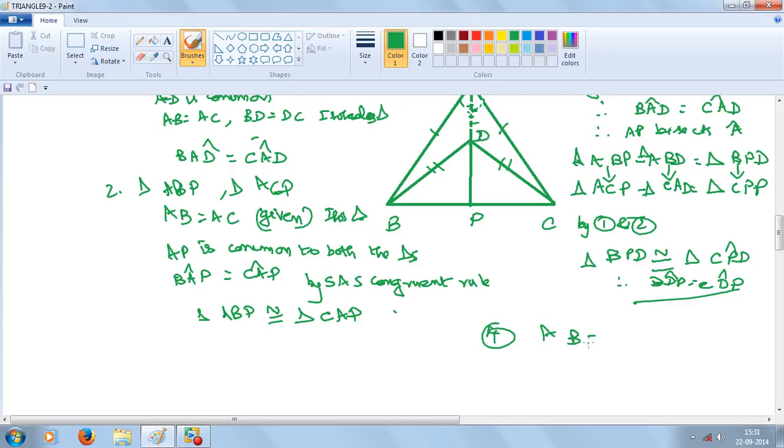AB is equal to AC, isosceles triangle. Angle A is bisected. Angle B is equal to angle C, and angle BAD is equal to angle CAD, as proved above.